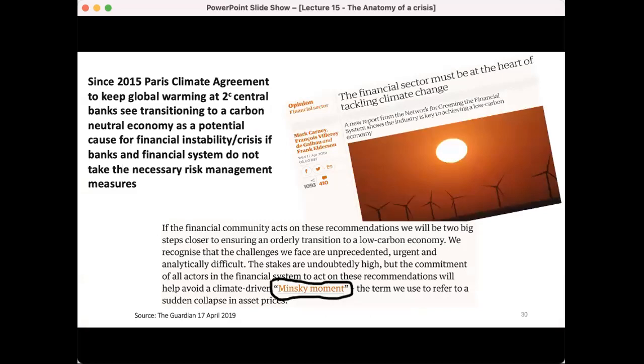And then we can add in aspects of climate to this. Central banks have started to treat the transition to a carbon neutral economy as a potential cause for financial instability. This is a risk, financial instability. In other words, we need to make sure that the cost of capital is maintained.